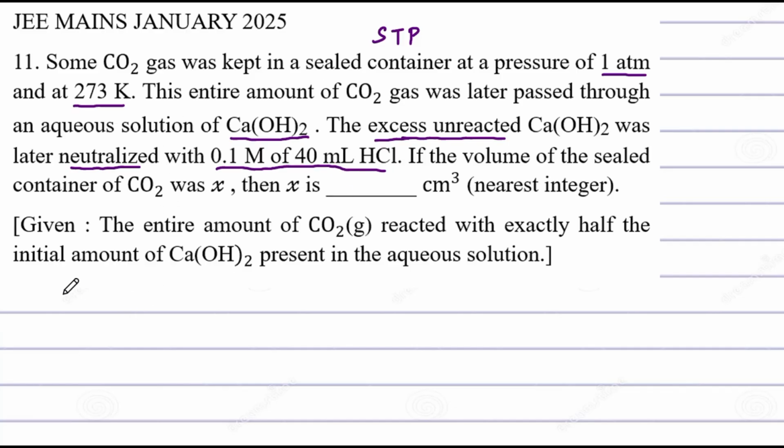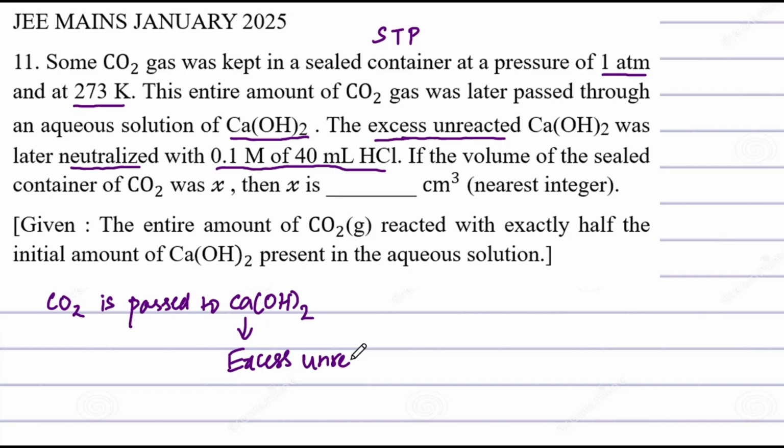So first, what is happening? CO2 is passed into Ca(OH)2. Then we have some excess unreacted lime water, Ca(OH)2. This was later neutralized.